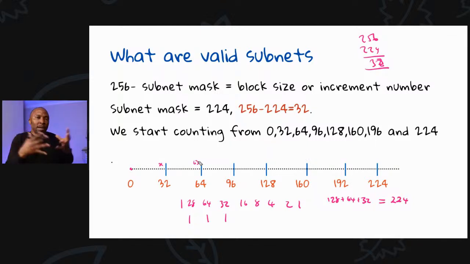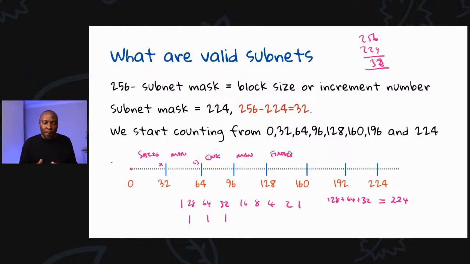So whilst we were given a /24 block, we can then carve it into smaller pieces, and then we can give this range to sales. We can use this range for marketing. We can use this range for engineering. We can use this range for management. We can use this range for finance. And all these become separate subnets in our organization.